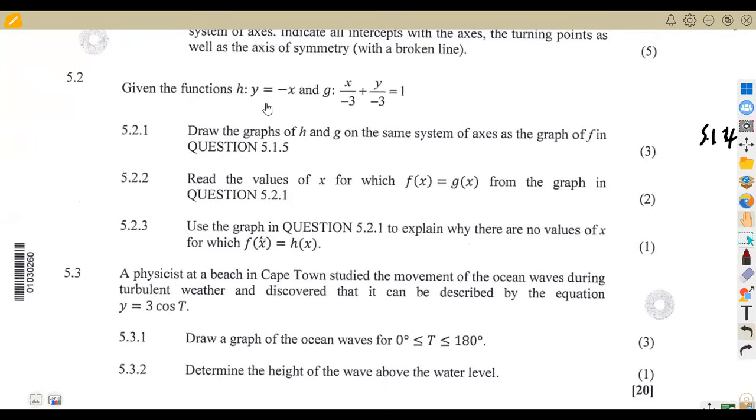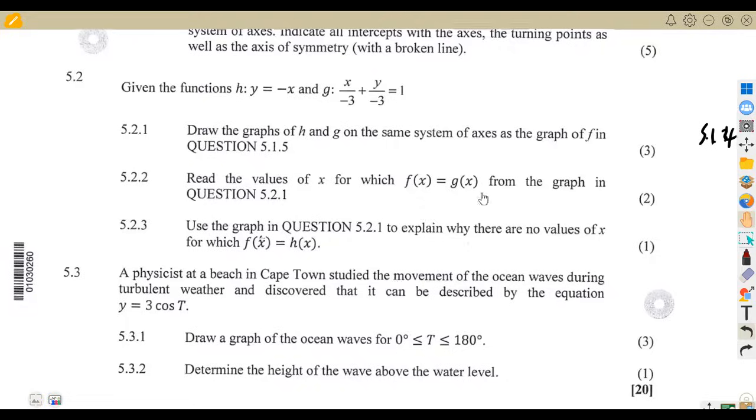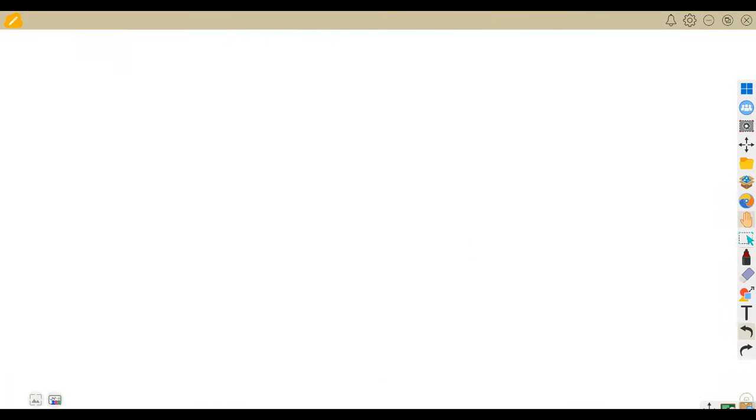All right, it was the same thing here. Draw a function h(x), which is y equals -x, and g. Okay, so these are the two functions that we're supposed to draw in this case. In order for us to draw these two graphs, let us start with the graph of y equals -x. I'm just going to have a sketch here because of our time.